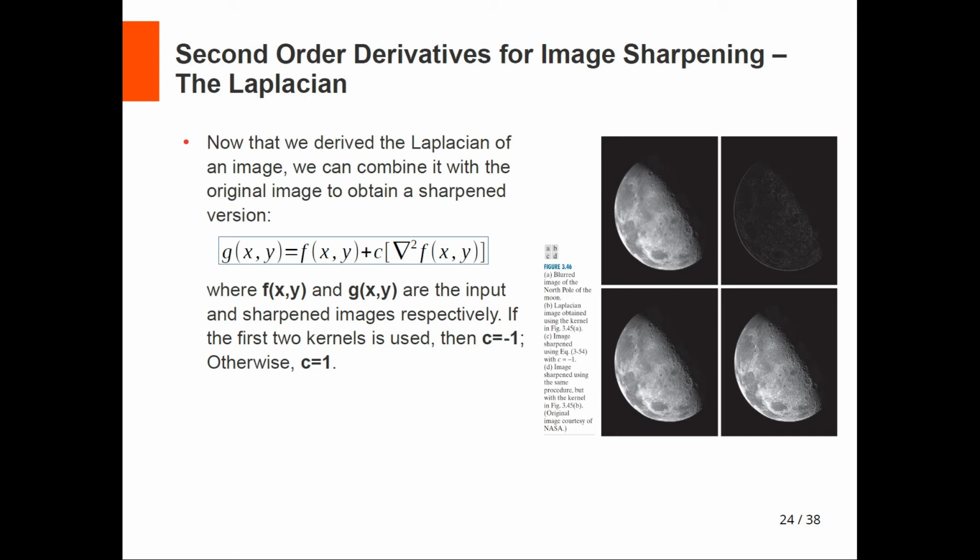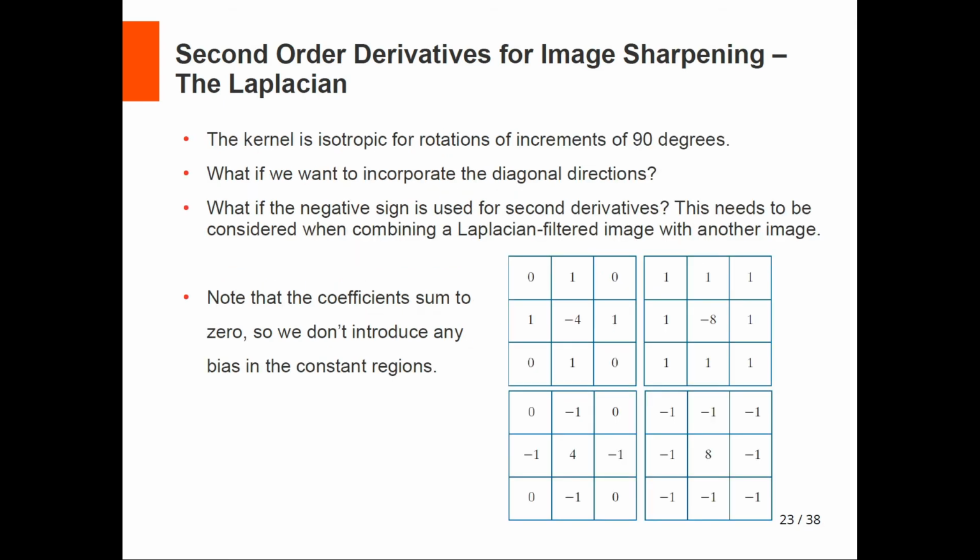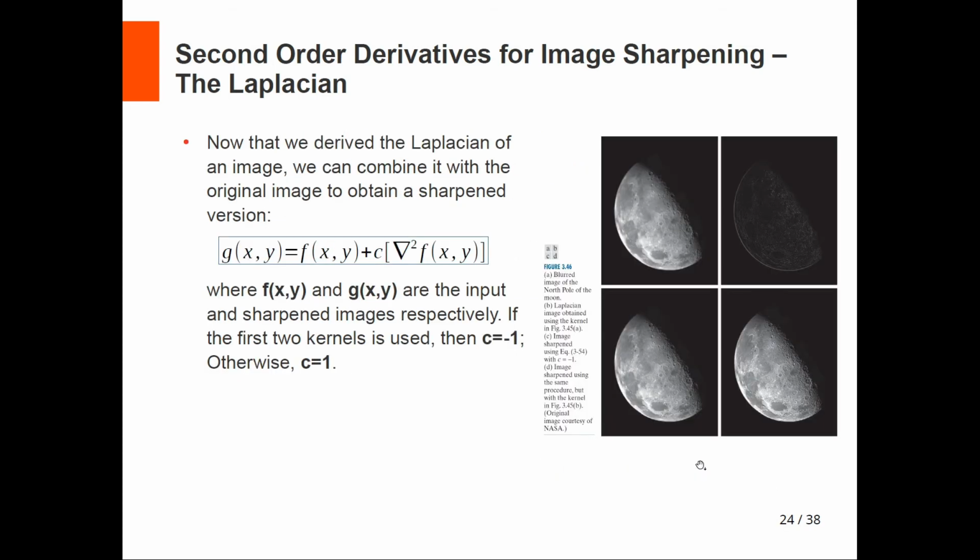So it can preserve much more details in other directions as well. So in general, if we are using these two kernels for sharpening the image, we use c values that are negative, and if we use these two kernels, we use c values that are positive.